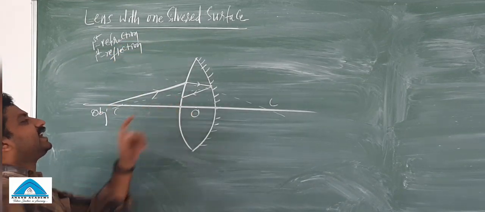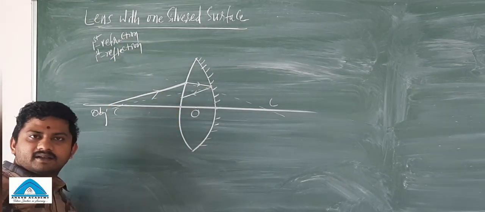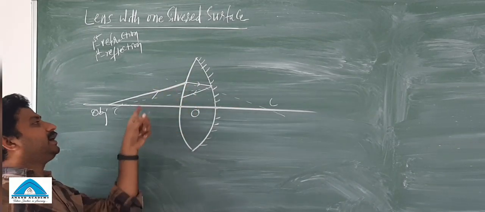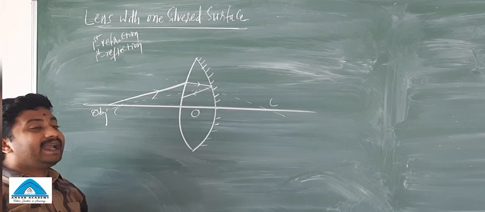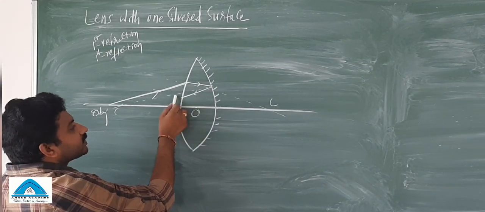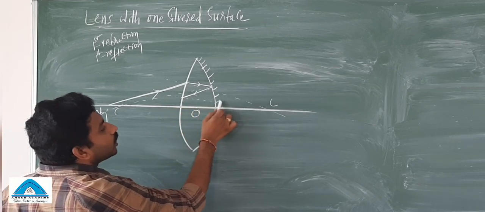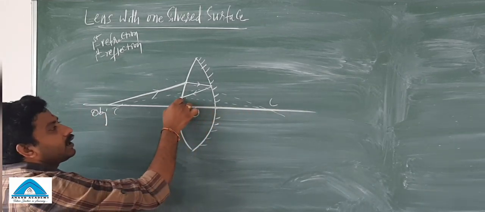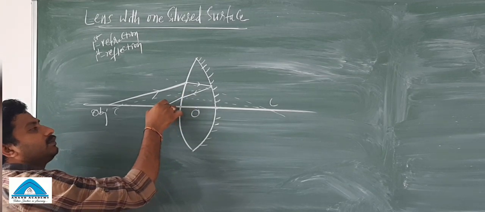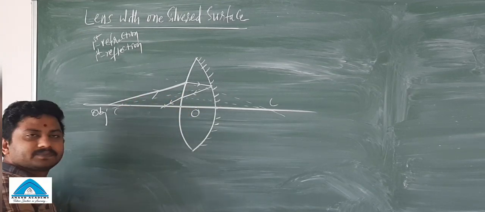Now the light ray is incident here. The light ray is now moving from denser medium to rarer medium. It will be bending away from the normal. So where is the normal? You can consider this as the normal line, and it will be bending away from the normal, like this, you can see here.